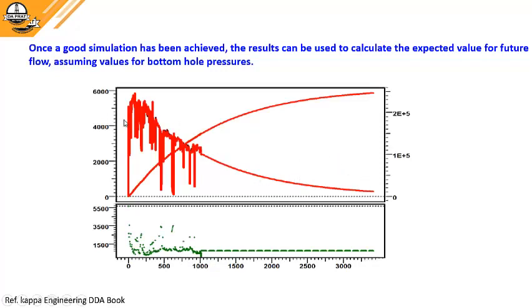So what you do, you get your model by simulation, simulating all this data, rates and pressure, and then from here on you can make, let's say, a forecast, and then you just use a constant, or you can use a ramp of pressure, or you can decide which pressure you think it's going to be based on the operational side.